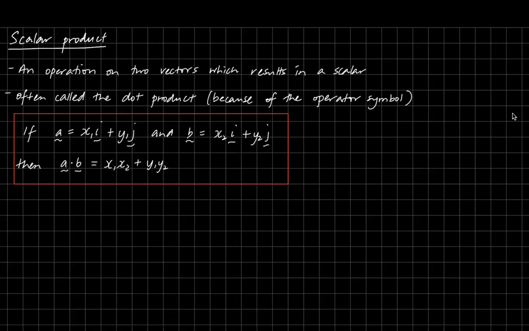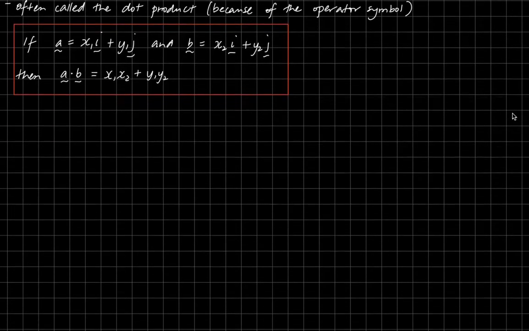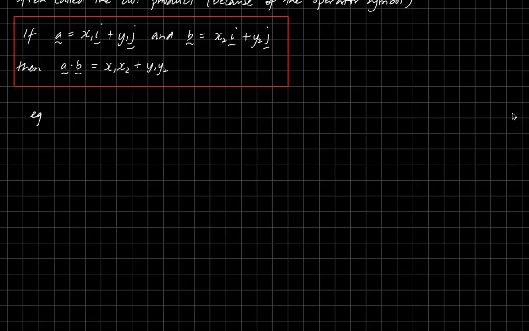But before we go on to that, let's think about what that looks like when we take the scalar product. If I was using that definition for an example, I'll define two vectors A and B. We'll say A is 3i plus 5j, and let's define B as negative i plus 9j.